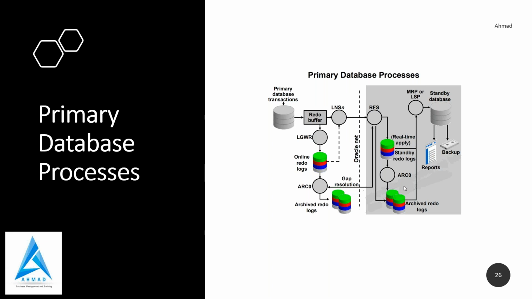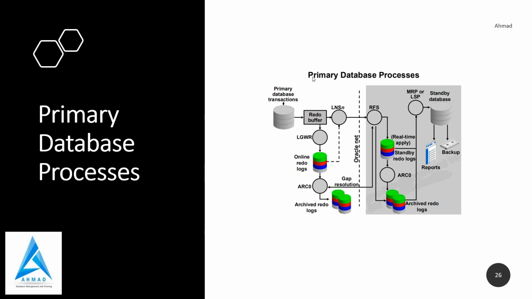ARCN is common on both sides, and LNS, RFS, MRP or LSP, and LGWR. So I hope all processes are clear, or should I repeat? Repeat. What did you not get?